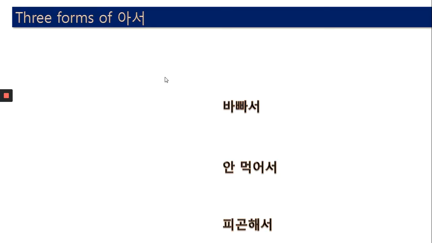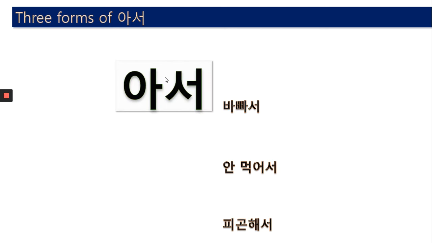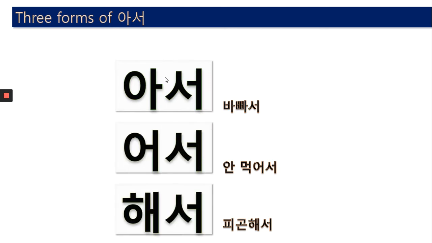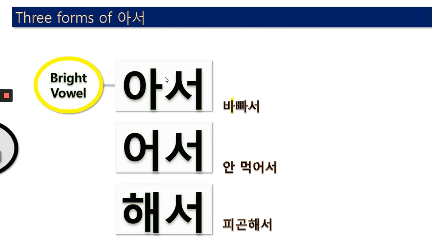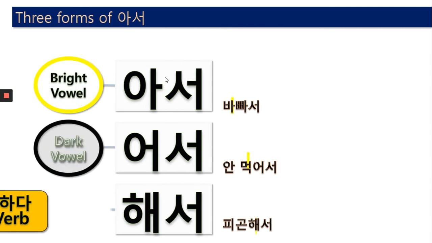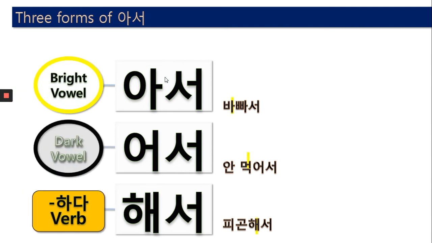Three forms of 아서. 해서, we have three forms. 아서, 어서, 해서, depending on whether it has a bright vowel, dark vowel, or hada verb, like 아요, 어요, 해요. So 바빠서, 바쁘다. 바 is a bright vowel, so 바빠서. 안 먹어서, 먹다, dark vowel.